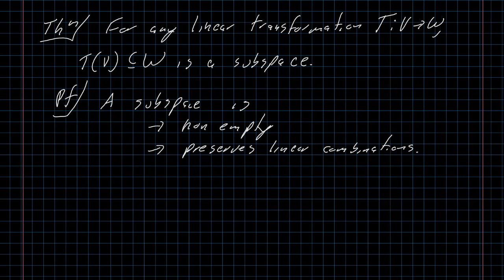So remember our theorem. A subspace is a vector space which is non-empty and preserves linear combinations. So that's the outline of this proof. We need to show that T of V is non-empty.